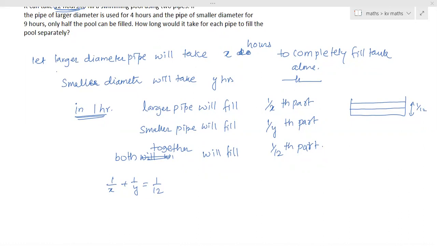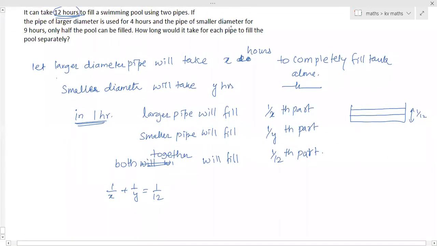Now what they have told us is that the larger diameter pipe is used for 4 hours and the smaller diameter pipe for 9 hours. In 1 hour, how much part of the tank will the larger one fill? 1 by X part.